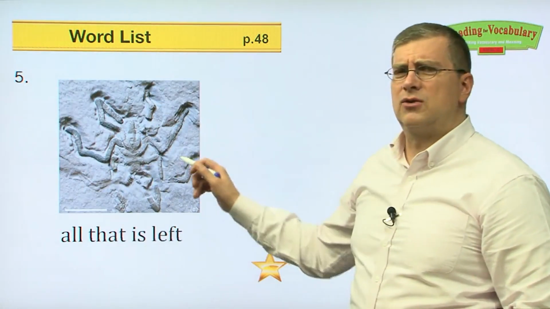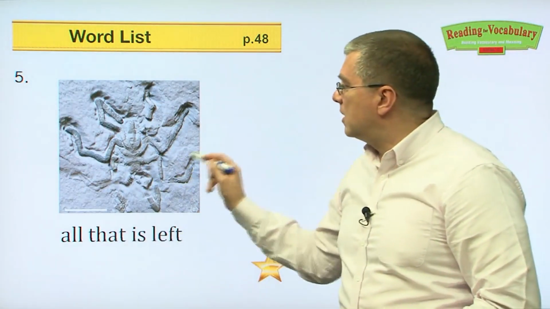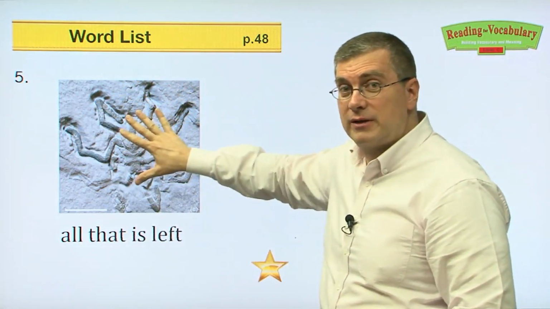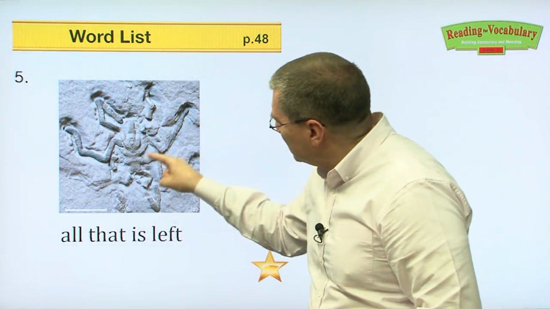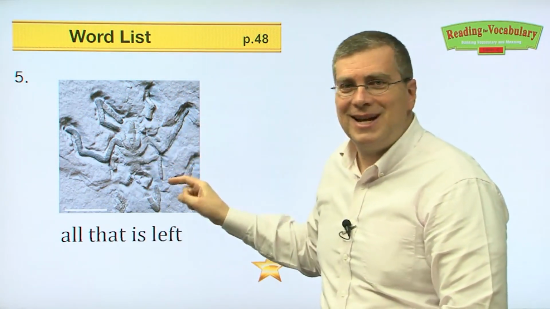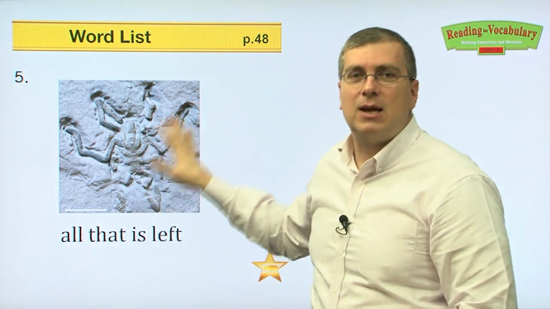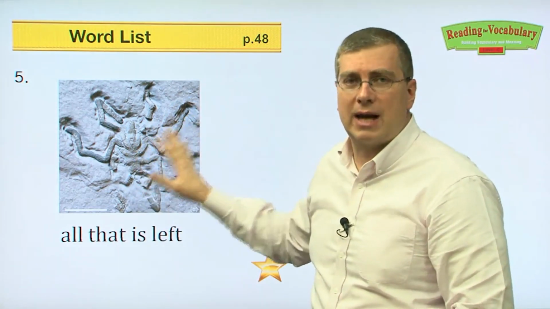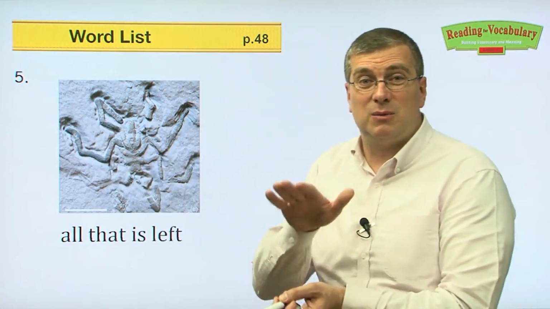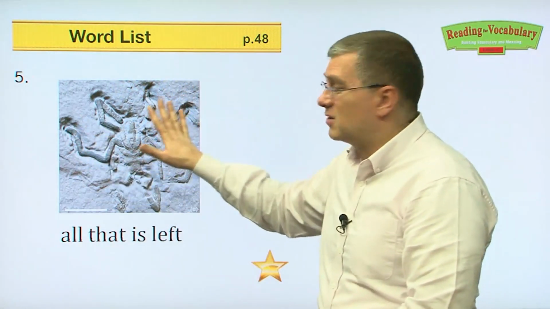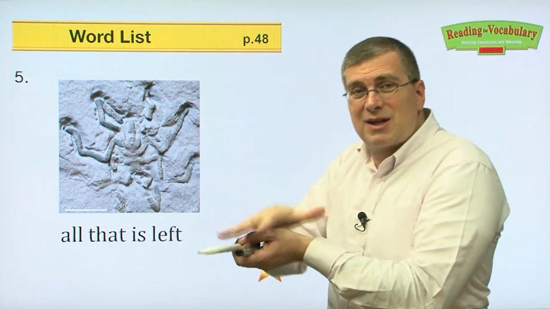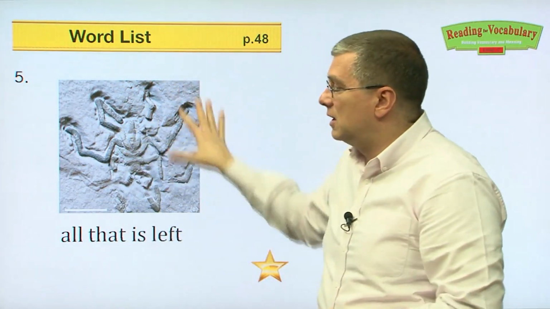Okay, next one, number 5. Well, this is very interesting. What is this? If we look closely, this is rock, right? It's a piece of rock, but it looks kind of scary. It's a spider that died a long, long time ago. And a long time ago, this rock was mud. It was soft. The spider's body laid there and got covered with mud and got pressed. And because of the pressure, it turned into rock.